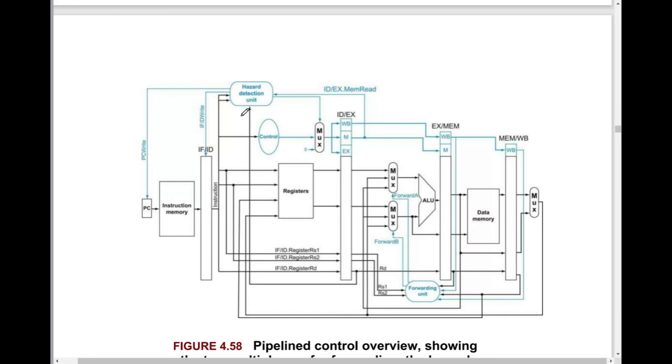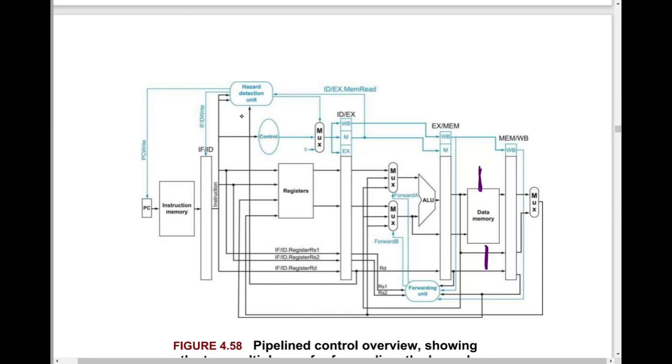Oh, there is one more thing. If it's a memory read, there will be a memory read signal. If you remember the control signals, memory read and memory write are two signals here. If it is a load instruction, then the memory read signal will always be high.